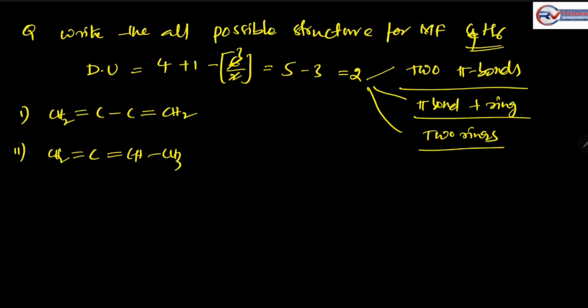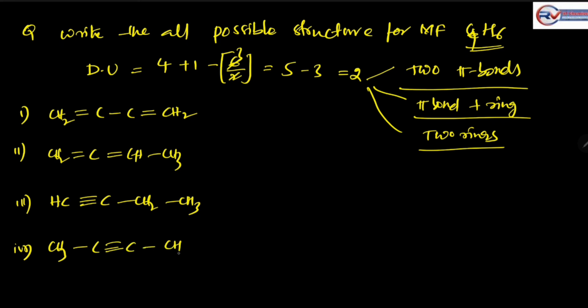These are the C4H6 possible structures. Now 1 pi bond and 1 ring. The next structure is CH2, CH double bond CH, with 1 pi bond and 1 ring.